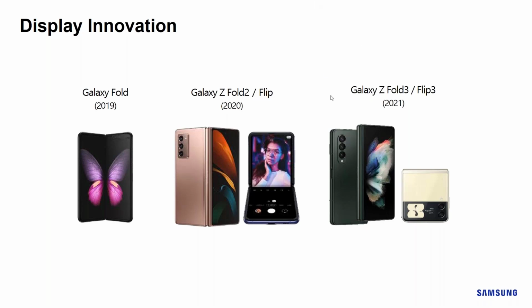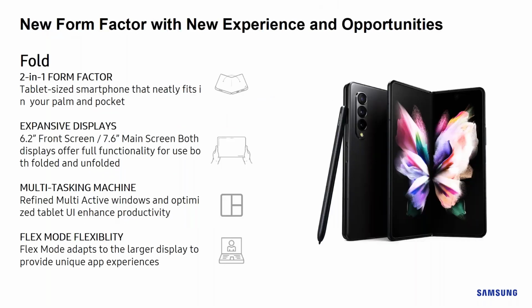For the Z Fold, as you can see here, the 2-for-1 form factor is still the same as the previous iterations. The only difference here is that now we have support for the Galaxy S Pen with the Fold 3.